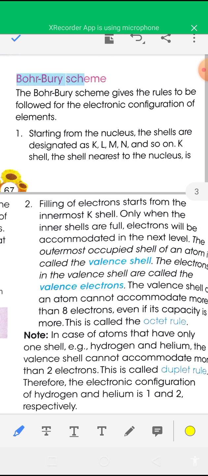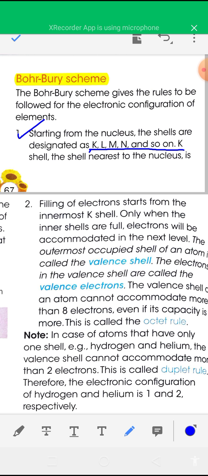So you have to read the Bohr-Bury scheme. With this scheme, you can write the electronic configuration of an element. You have to follow some rules. First, starting from the nucleus, the shells are designated as K, L, M, N shell and so on.